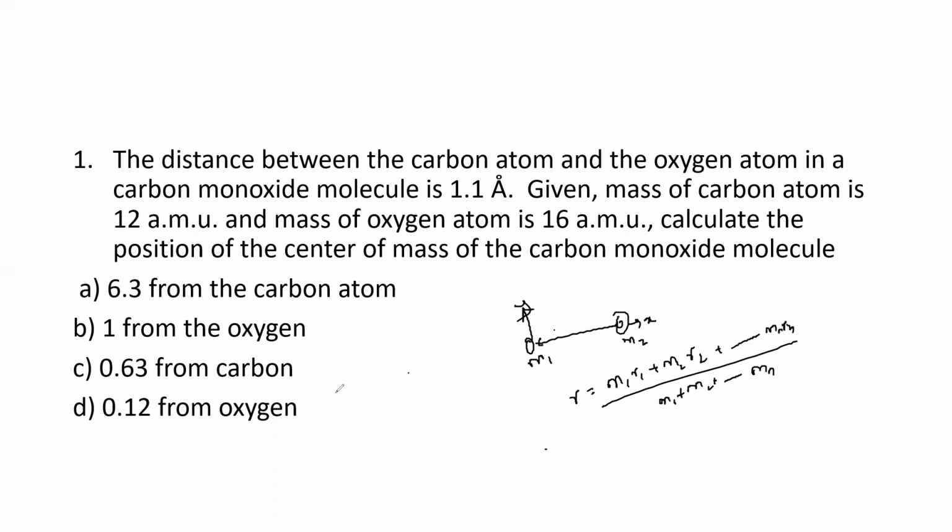According to this, let us substitute r1 is equal to 0 i plus 0 j and r2 is equal to 1.1 i plus 0 j. Therefore, vector R is equal to m1r1 plus m2r2 divided by m1 plus m2. Substituting, it is 16 into 1.1.